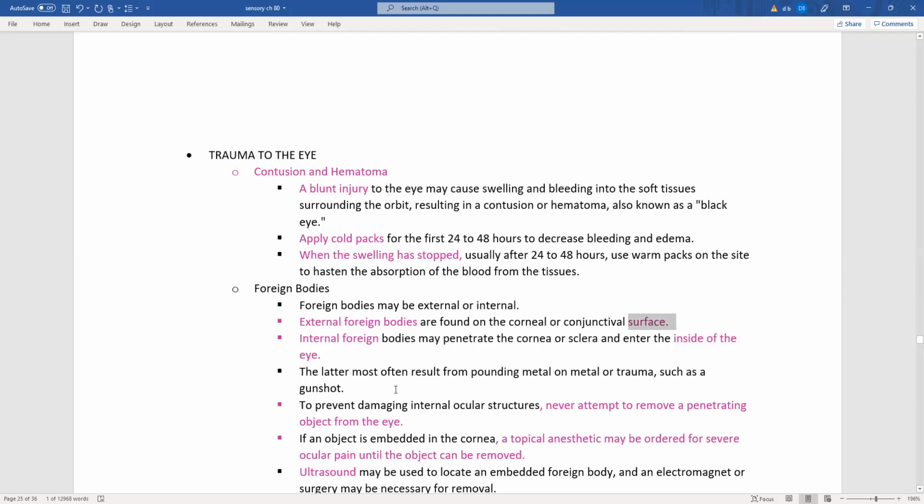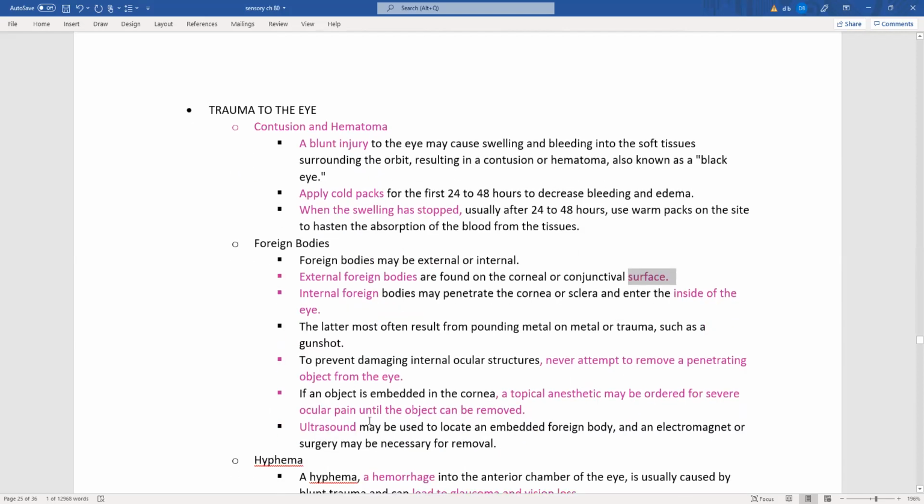The latter most often results from pounding metal on metal or trauma, such as gunshots. To prevent damaging internal ocular structures, never attempt to remove a penetrated object from the eye. So, if a person gets shot in the eye, they should not try to remove that. They need to go to the doctor.